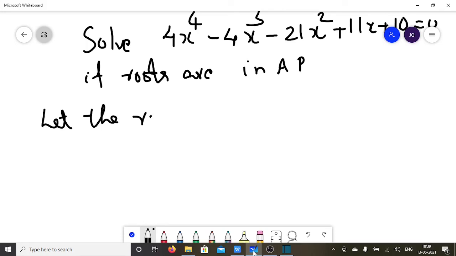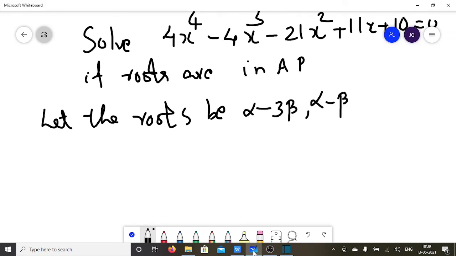If 4 roots are in arithmetic progression, let the roots be alpha minus 3 beta, alpha minus beta, alpha plus beta and alpha plus 3 beta. Sorry, alpha plus 3 beta. So now we use the relation between coefficients and roots.